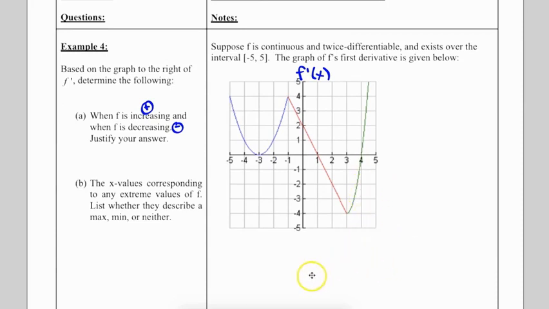So if we want to see where f is increasing, we need to look to see where f prime is positive. And that's going to be everywhere that it's above the x-axis. So I see that it's above the x-axis from here, all the way up to here, and then down to here, and then we're above the x-axis over here.